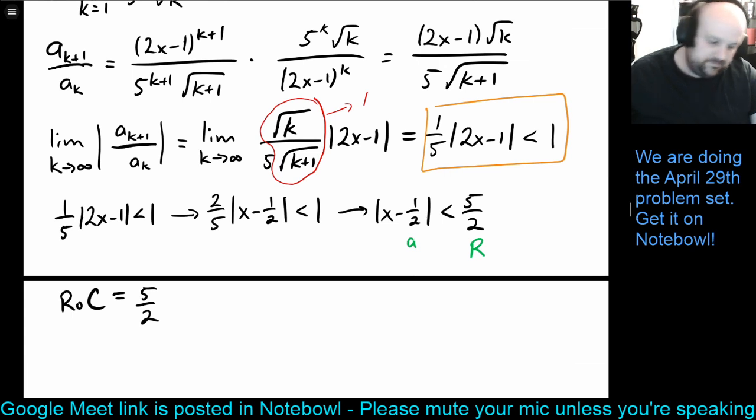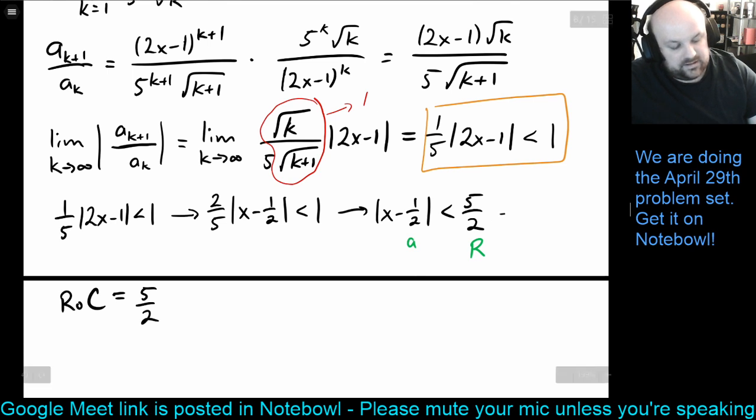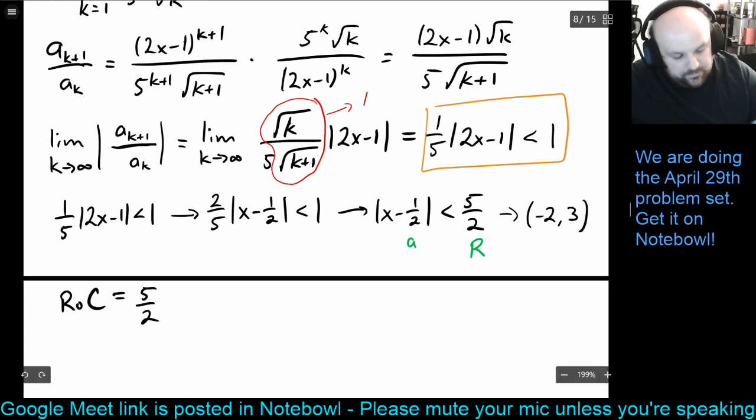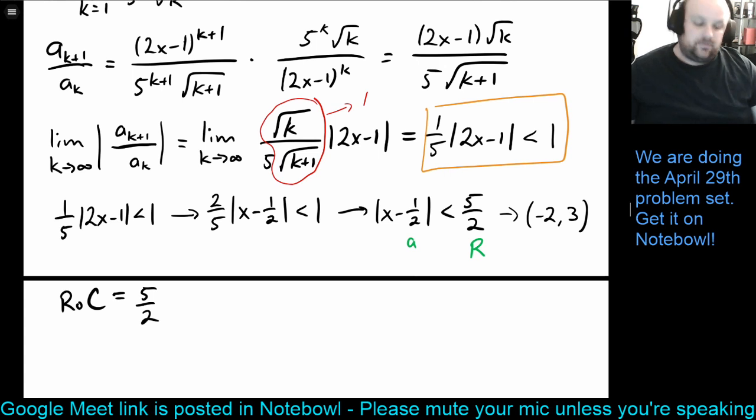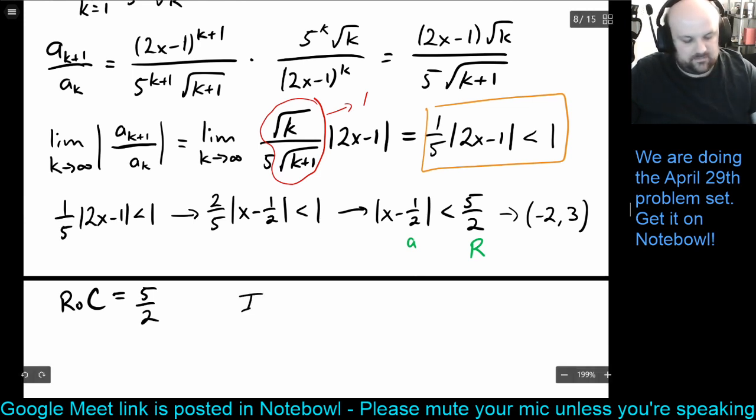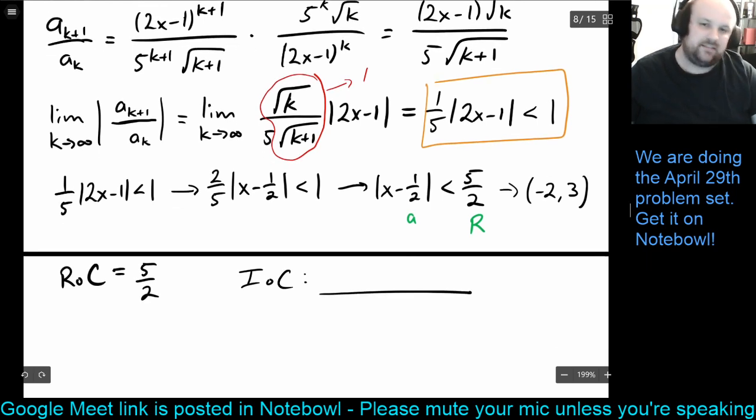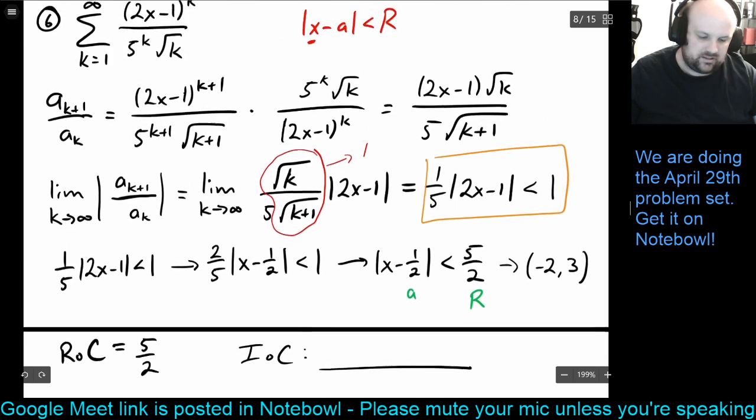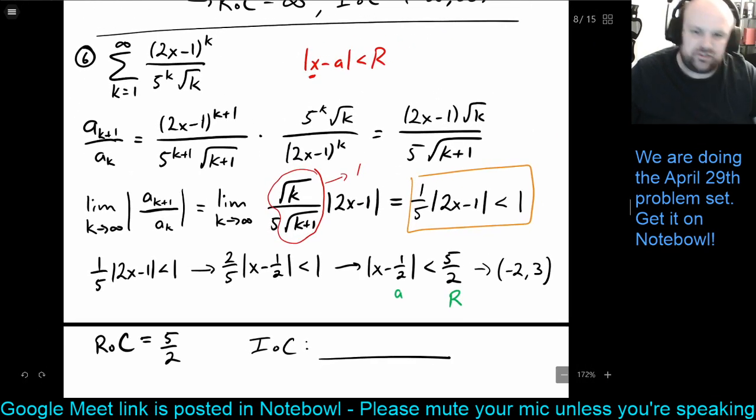And so the interval we get out of this inequality is minus 2 to 3. In the interest of doing some of these Taylor series examples, I'll leave the interval of convergence part to you, to test the endpoints here. There's not much new or interesting from what we had been doing for that part.